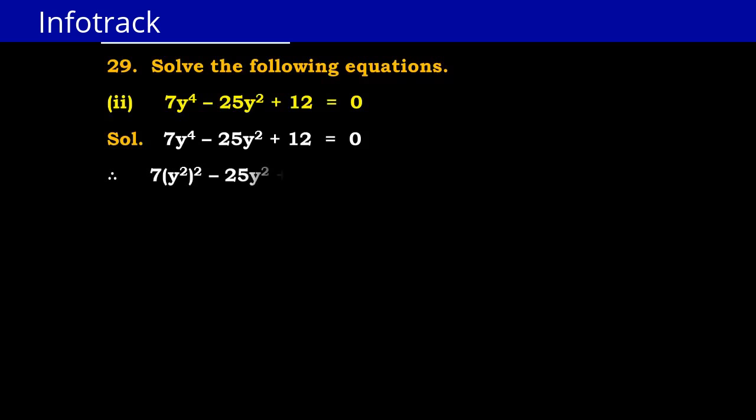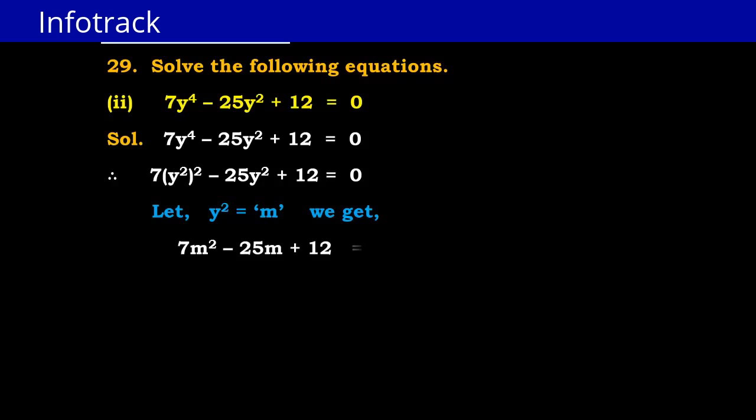So 7y square square minus 25y square plus 12 is equals to 0. So let y square is equals to n. So we can substitute 7n square minus 25n plus 12 is equals to 0.